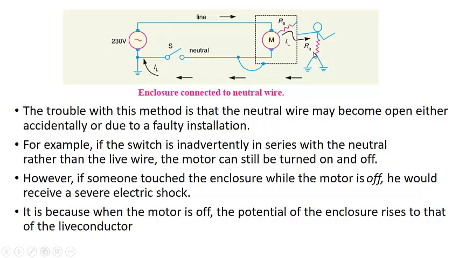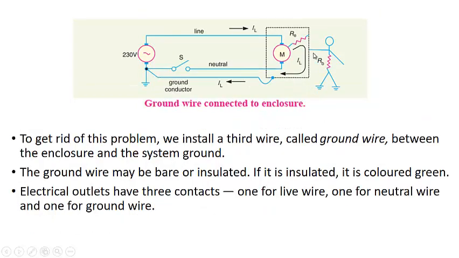So to avoid these things, in both the cases, we use a third wire that's known as ground wire, and the ground wire will be connected directly to the casing. You can see even if the switch is on the neutral wire or on the line, and if we have an abnormal condition, the path will always be like this.